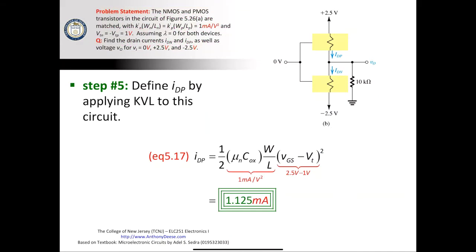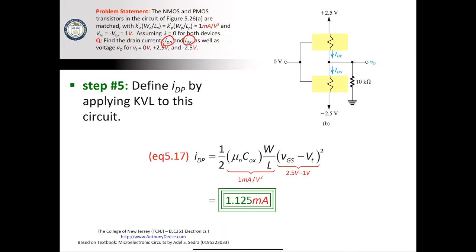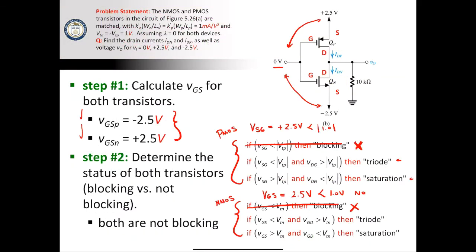Okay, now we need to find next the drain current for both of the transistors. So we need to work backwards. Do they tell us that we're in the saturation region? No, we're going to assume that we're in the saturation region for the moment, although you should be able to figure that out right off the bat. Right, if we go back to the first slide here, is VSG greater than VTP?